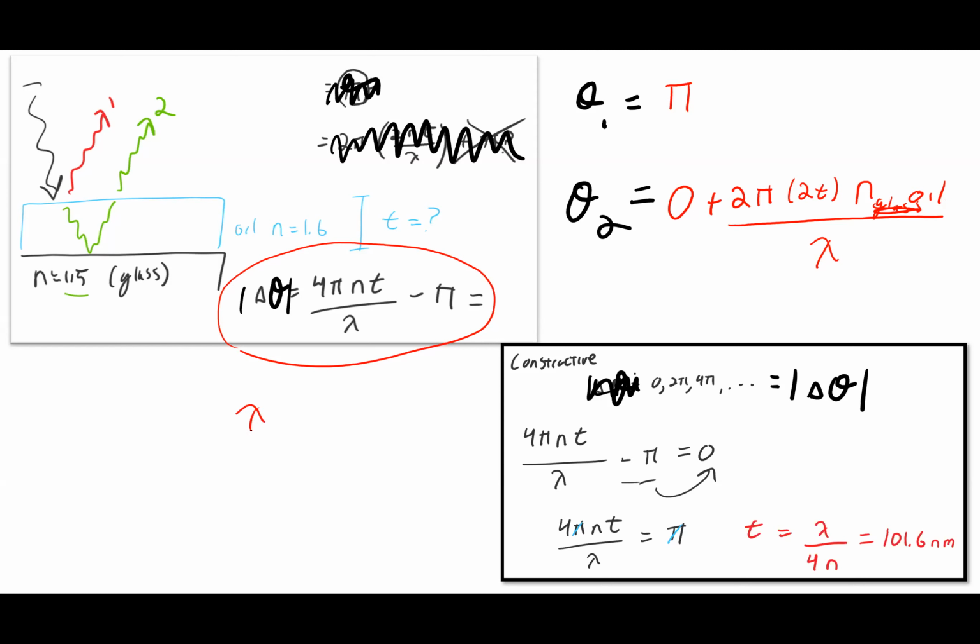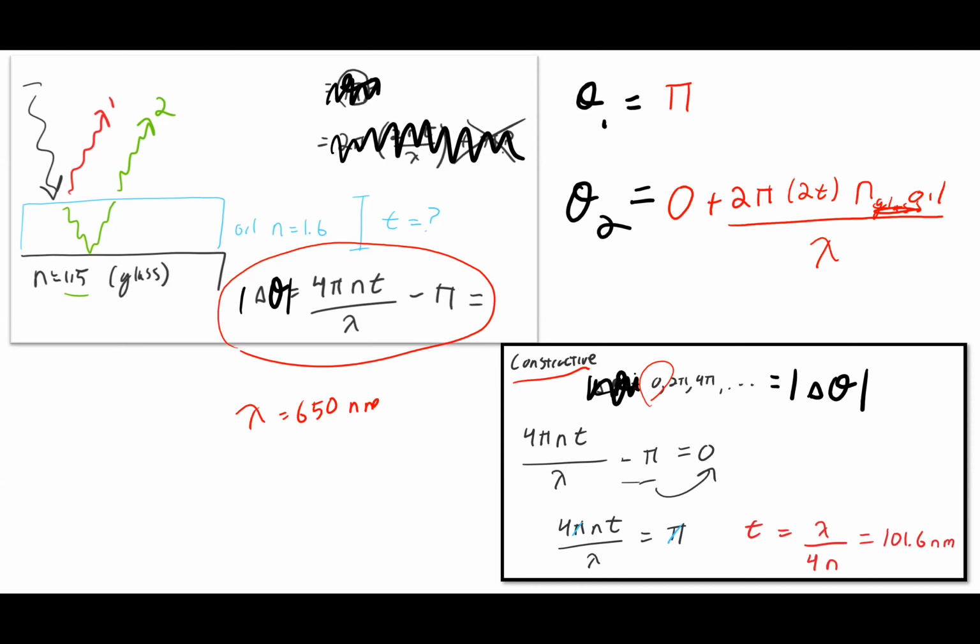So in this case, we know that 650 nanometers reflected brightly, minus pi. And so if that's coming back brightly, then I have a situation where I have constructive interference. If I'm looking for the thinnest film, then I should probably go for the smallest value here, which would be a phase difference of 0.